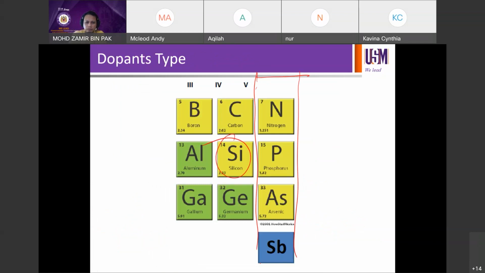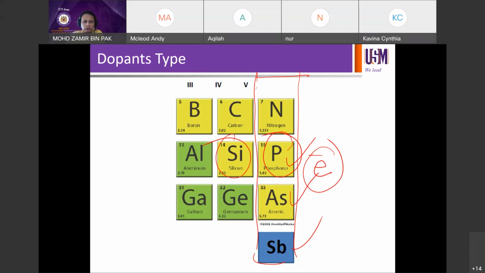Okay, so it can be phosphorus, arsenic, antimony. Typically phosphorus, because they have one extra electron that will not be bonded to the silicon, because silicon has 4 bonds. Okay, so the fifth electron will be free, wandering around the lattice and conducting electricity as n-type.